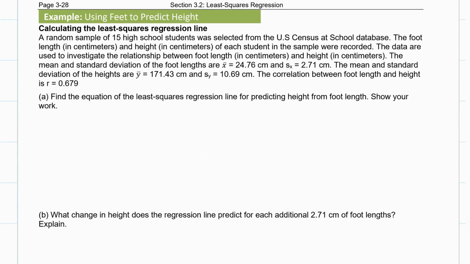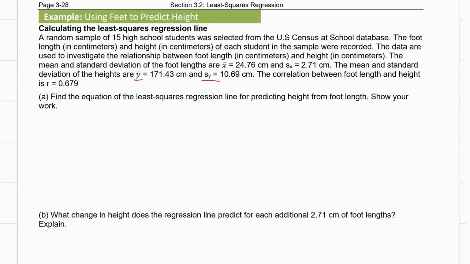The data is used to investigate the relationship between foot length and height. The mean and the standard deviation of the foot lengths are given. The mean and the standard deviation for the heights are given right here. Okay, and the correlation is given. Can we find the equation of the least squares regression line for predicting height from foot length?